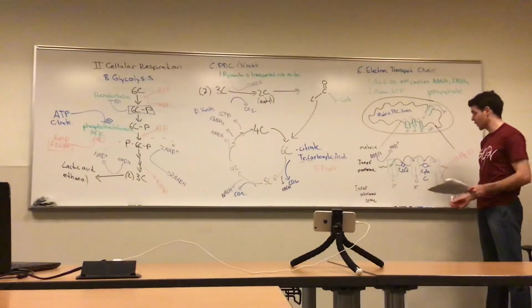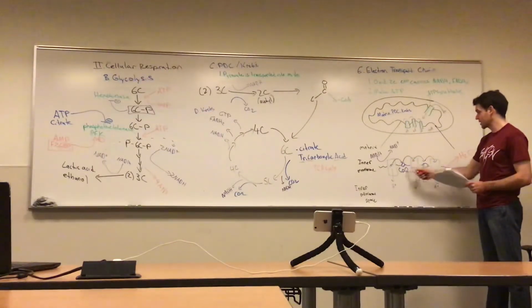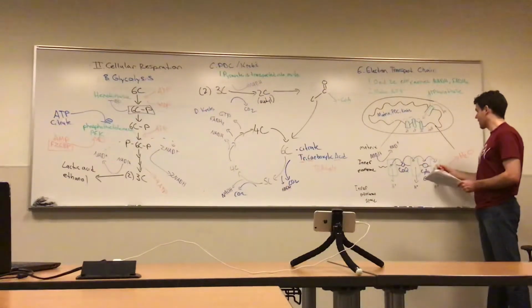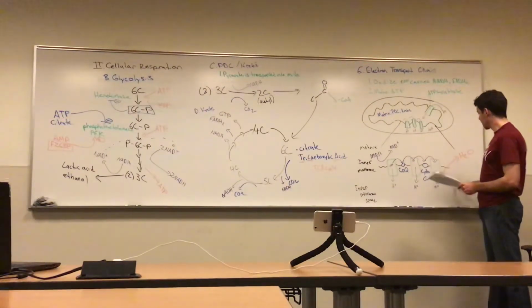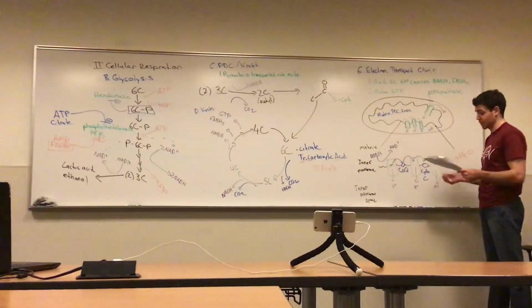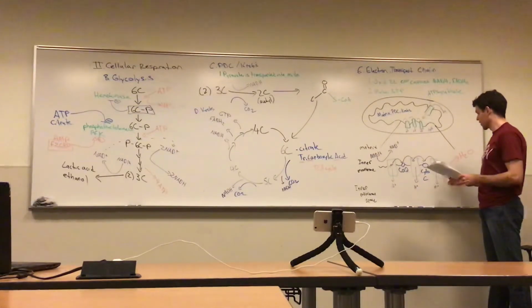You can call it either one. So it's a coenzyme Q oxidase or a cytochrome C reductase, right? Because it gives its electrons there. And then this one could be called oxygen reductase, but for some, I like that name, but people don't like that name. So they just call it cytochrome C oxidase.